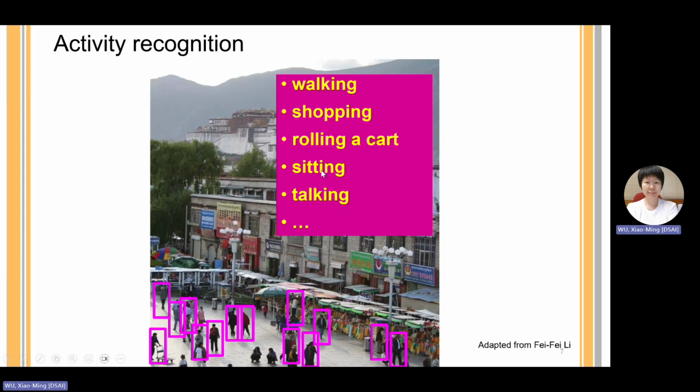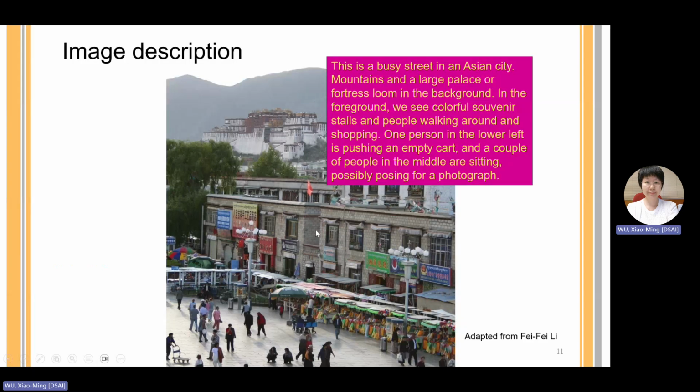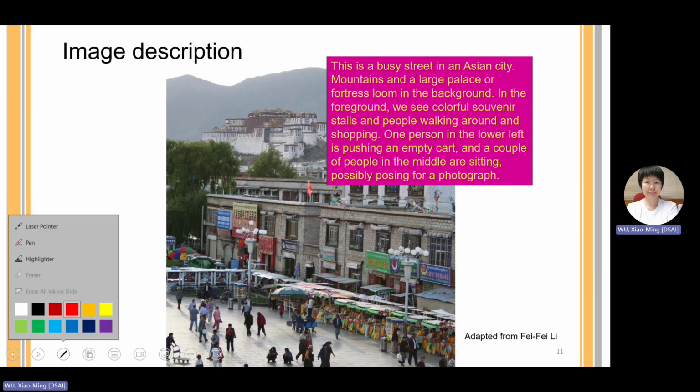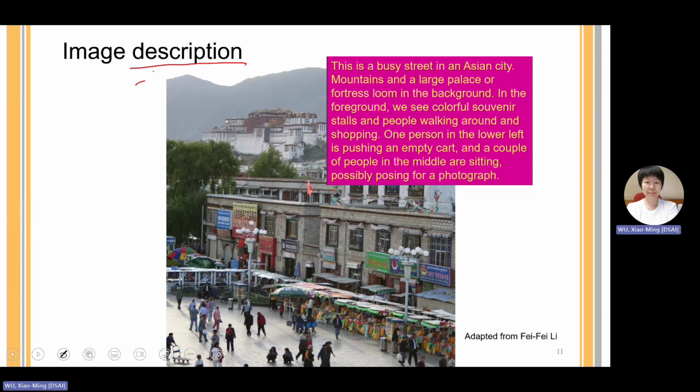Then what about activity recognition? This task is closely related to image description or image captioning. It's about understanding the content of the image. What's the difference between image captioning and description?